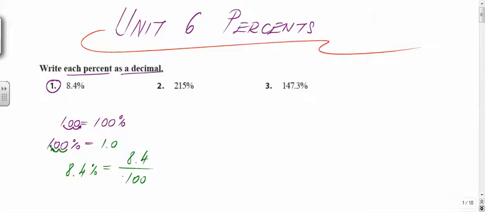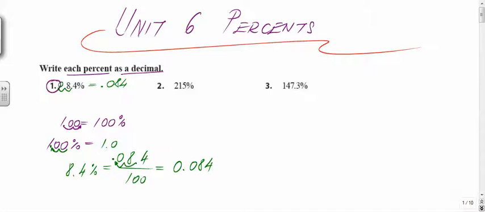But now, because I'm dividing 8.4 by 100, this means that I need to move my decimal point 2 steps to the left, fill in the gaps with 0, and that's why the answer here would be 0.084. Alright? And this is the answer to your problem. What is 8.4% as a decimal? Well, the decimal point moves 2 steps to the left, fill in the gaps with 0, would be 0.084. Alright?